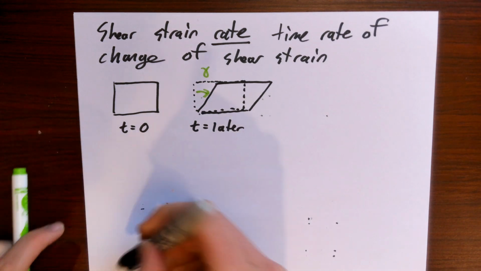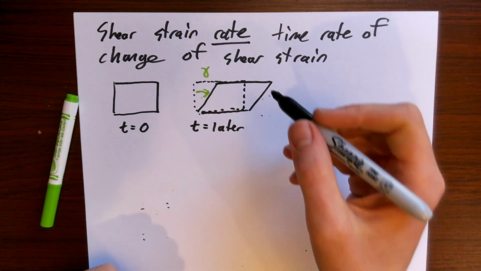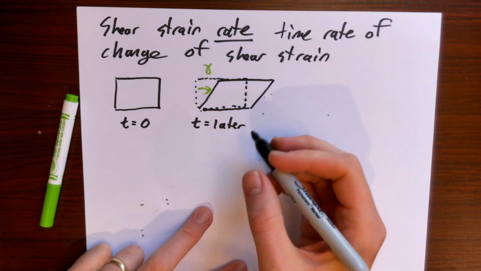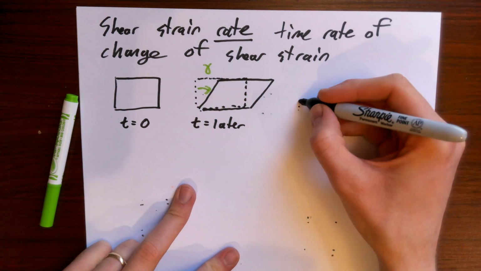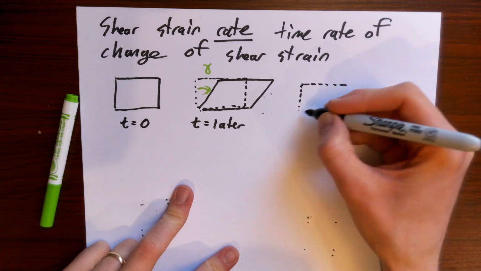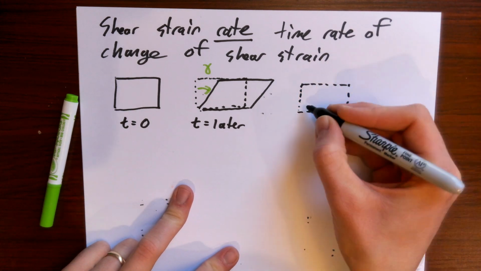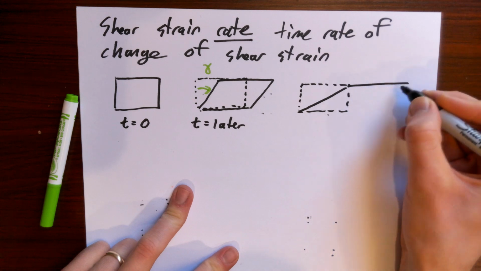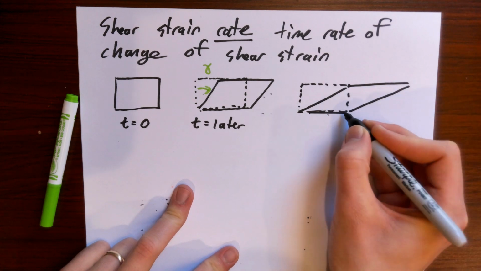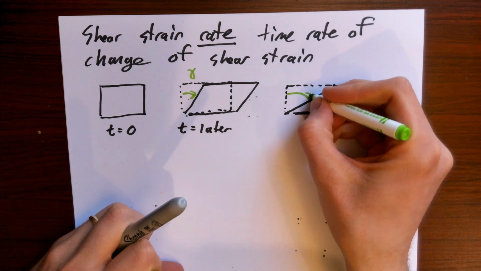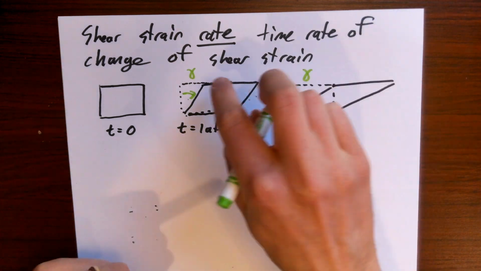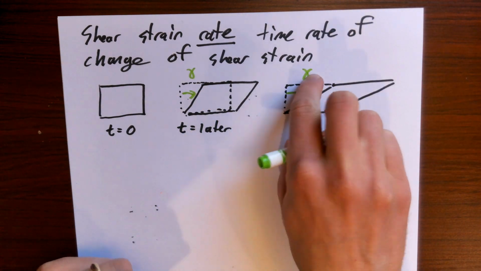gamma. And let's say I have a constant shear strain rate. If I wait even longer, it will have deformed even more, right? So now, if I wait even much longer, I have a much larger shear strain.